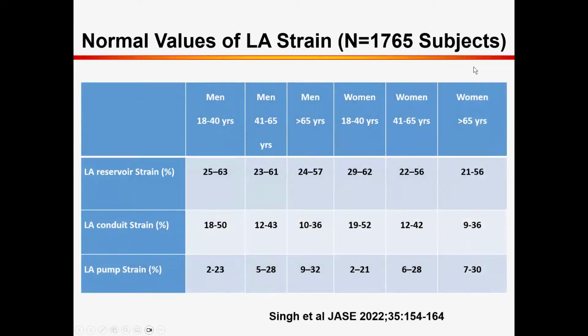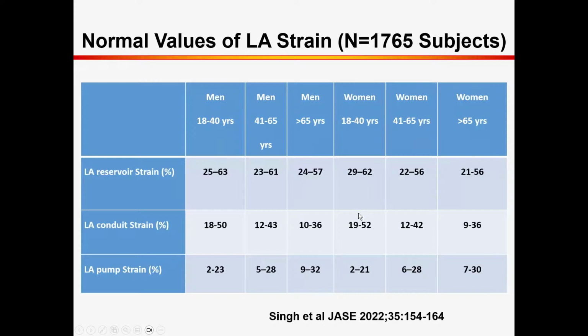Strain, like other signals, varies with age, and while useful to think about, it has a very wide range of what may be considered normal, that can pose a challenge if the value falls within the normal range.